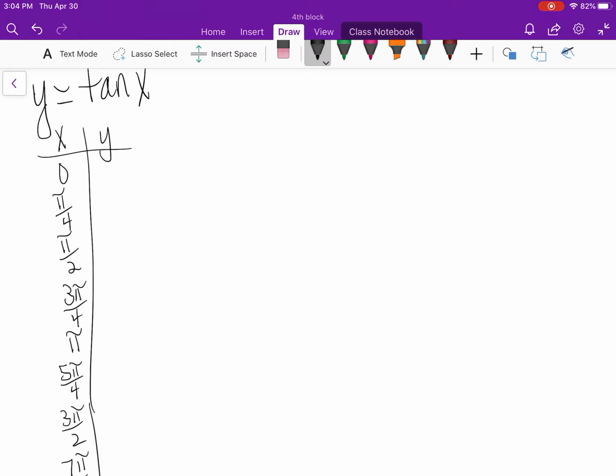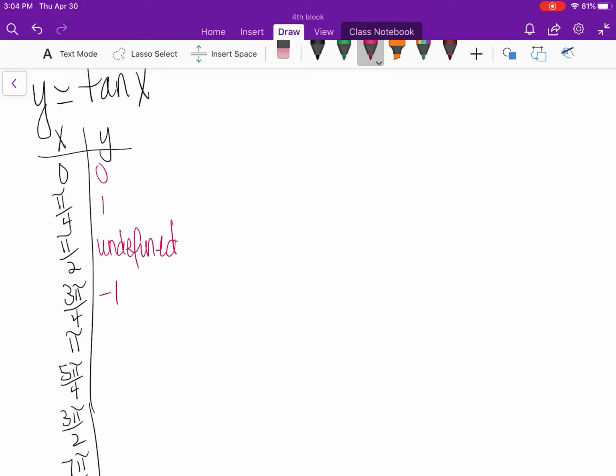So if you get out your unit circle, think about what is the tangent of 0. Well, at 0, if I do y over x, I end up with 0. Then at pi over 4, if I take y over x, those are the same, so I'm going to end up with 1. Then at pi over 2, if I take y over x, I end up with a 0 in the bottom. So that's going to be undefined.